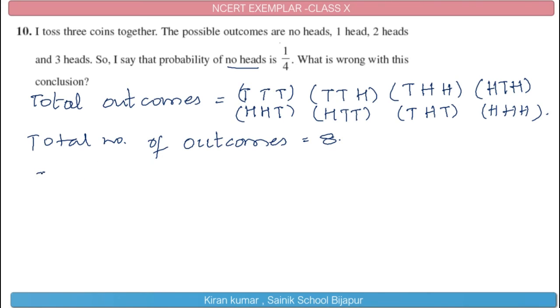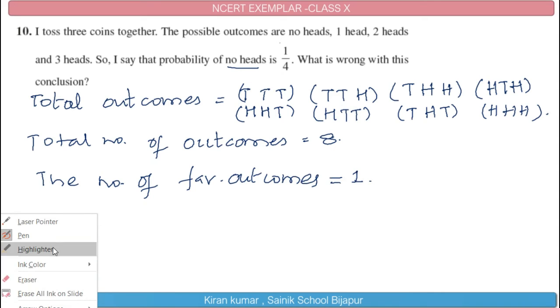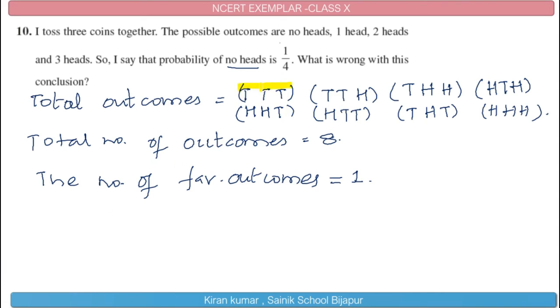Here the number of favorable outcomes is just 1 because no head is present in only one case, that is all 3 tails.